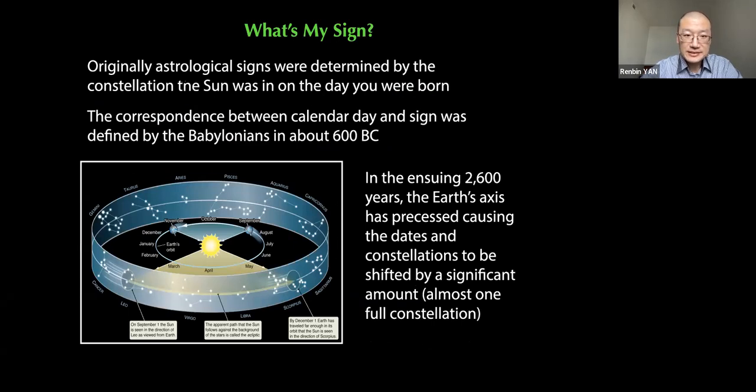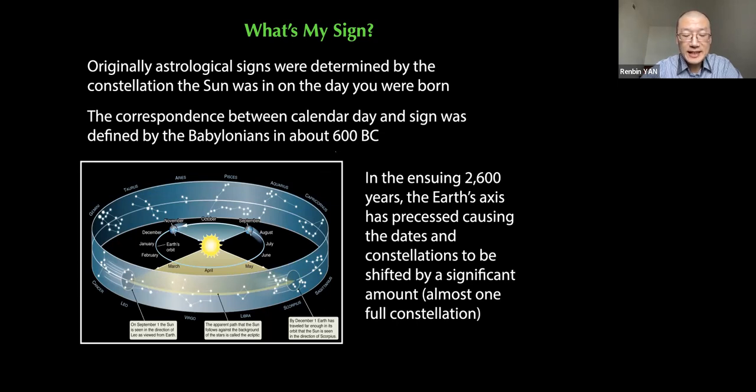Here it explains that originally your astrological signs, that is, which month you were born corresponding to what constellation, was determined by the Babylonians in about 600 BC. That was 2,600 years ago. Remember, the period of the precession is 26,000 years.